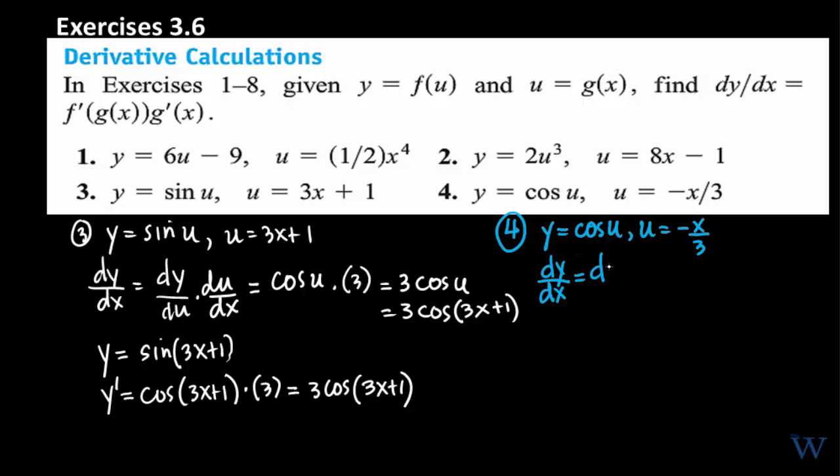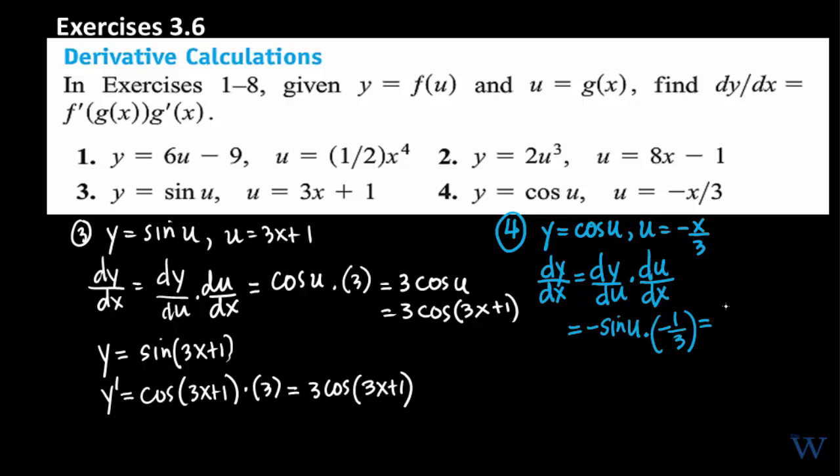By du. dy by du multiplied by du by dx. So what is the derivative of y with respect to u? It's the negative of sine of u. This corresponds to this one. Multiplied by the derivative of u with respect to x, which is just negative 1/3.